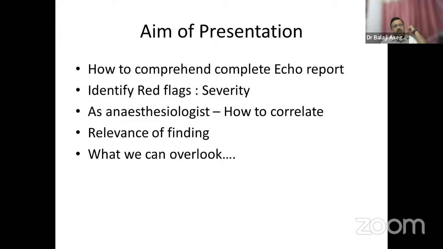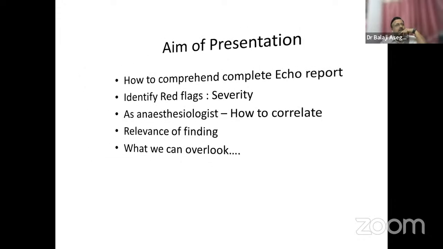As an anesthesiologist, I want to correlate for two things: one is to quantify the risk, and secondly, to manage the patient during the perioperative period. What is the relevance of these findings? And many times something is mentioned which we should not give much attention to, and I am going to discuss which those are in my talk.